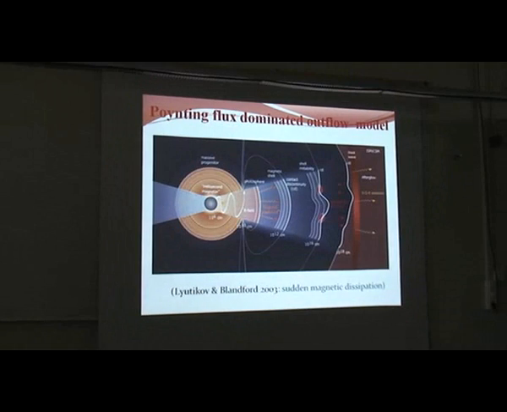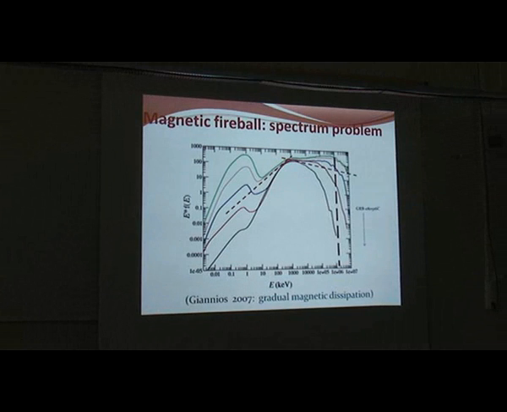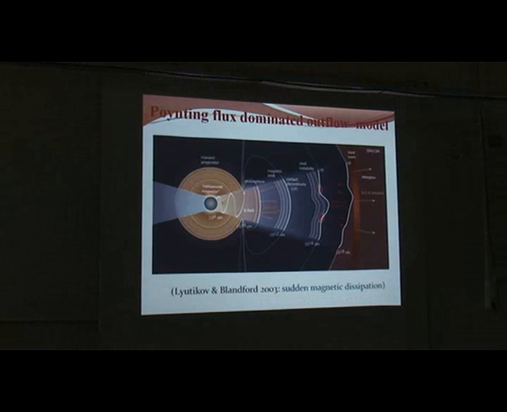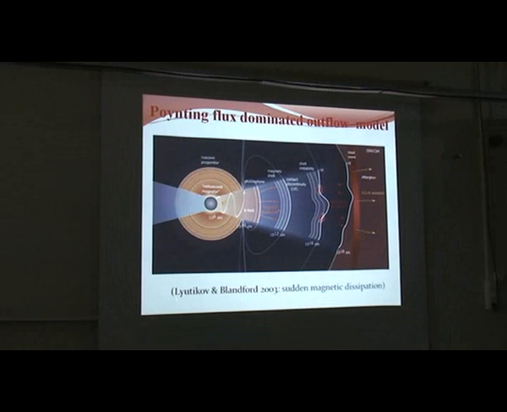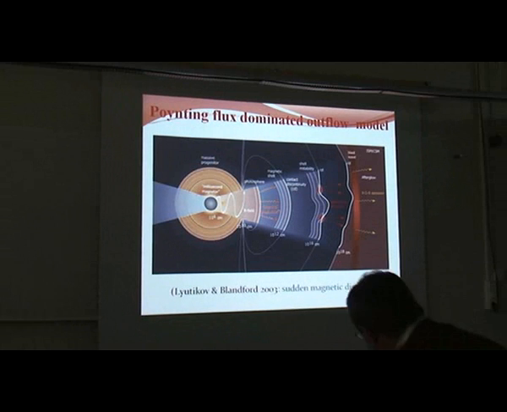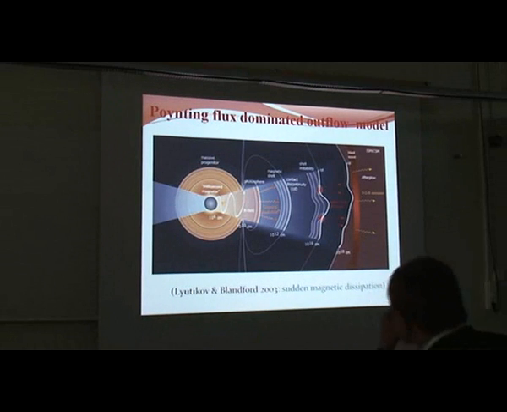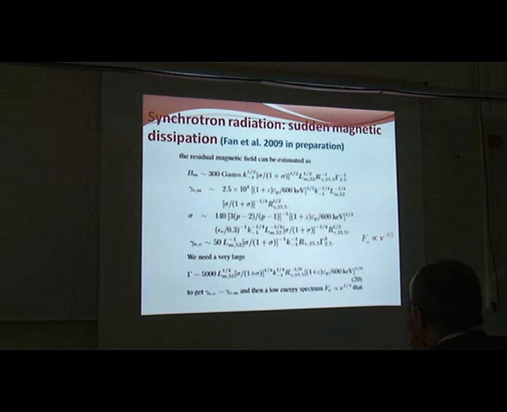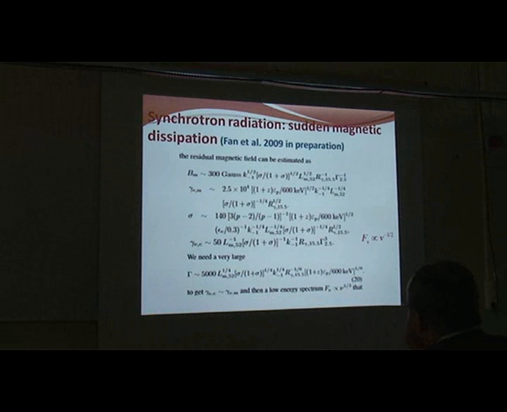Okay. In this model, the electrons are accelerated by the magnetic reconnection. But in the model by Lyutikov and Blandford, the electrons are accelerated by the sudden magnetic energy dissipation at a radius of about 10^16 centimeters. They didn't calculate the spectrum.